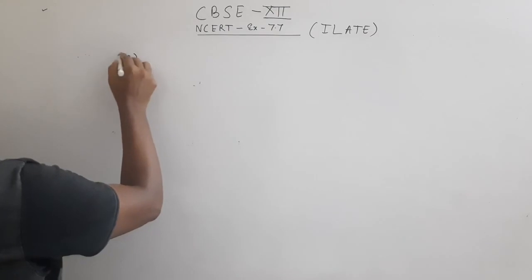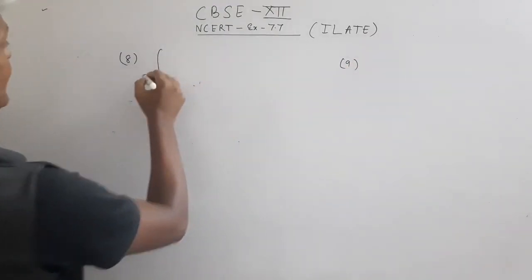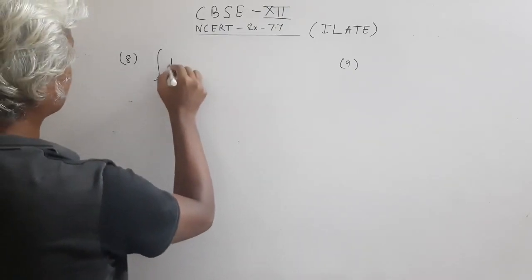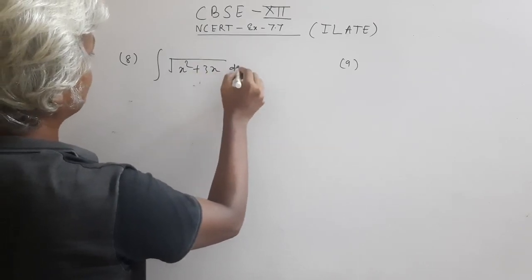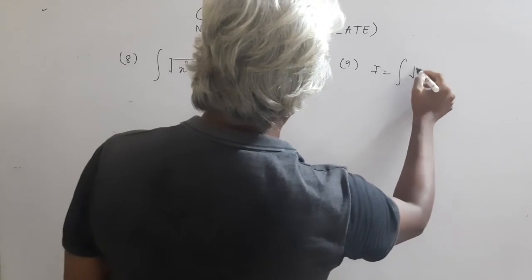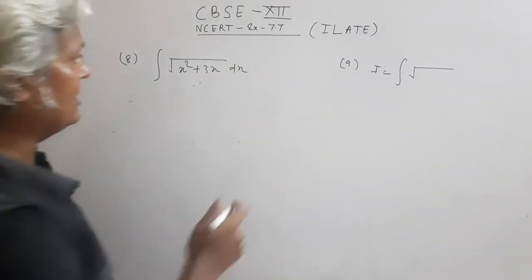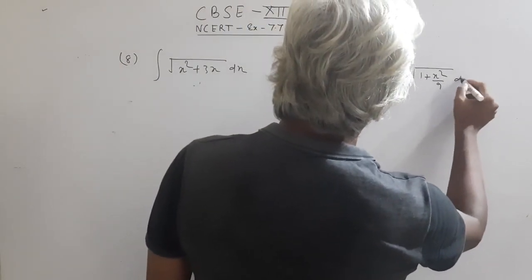Question number 8 and question number 9. I am just changing the form, and the rest you have to do on your own. That is under root x square plus 3x dx, and this I is under root 1 plus x square by 9 dx.